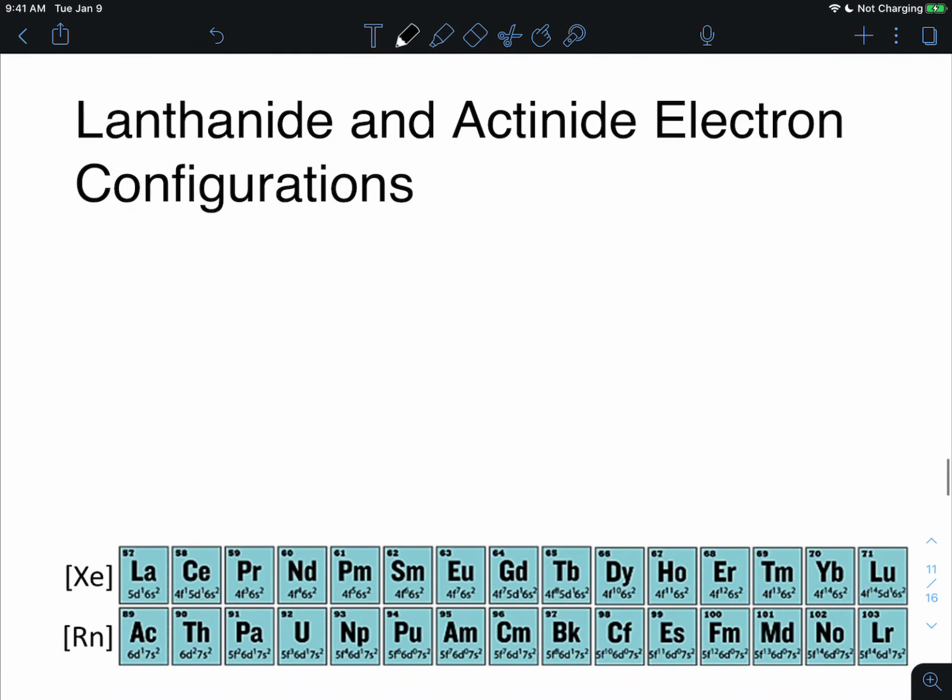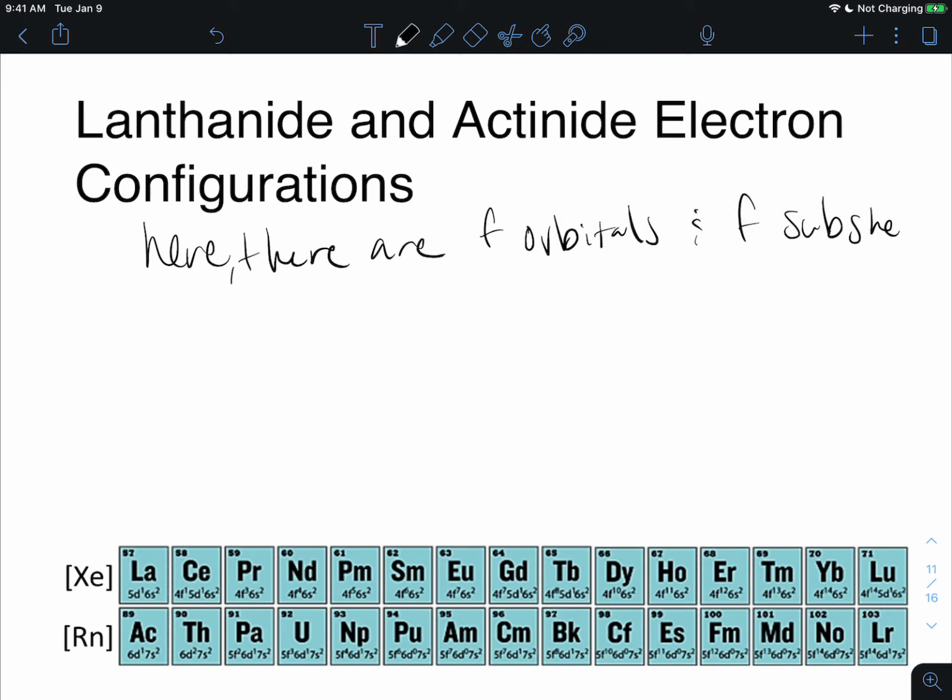Let's also look at lanthanide and actinide electron configurations. So here, we're going down, and we're going to actually have f orbitals in here. So here, there are f orbitals and f subshells in the electron configurations.